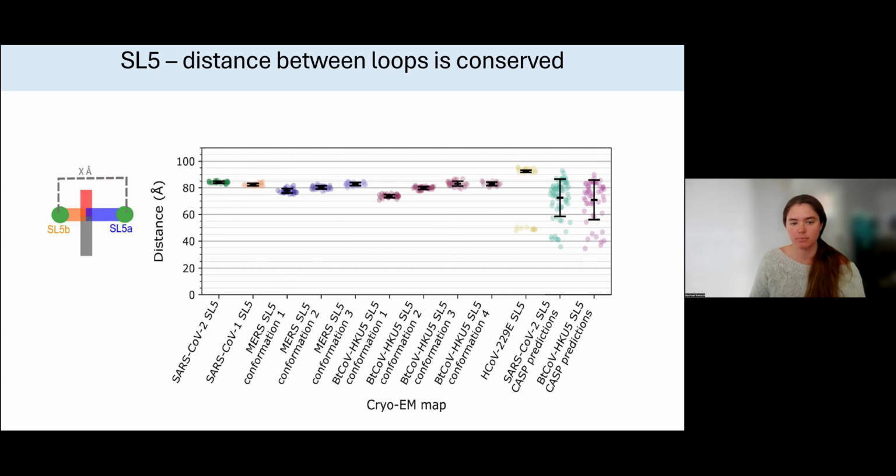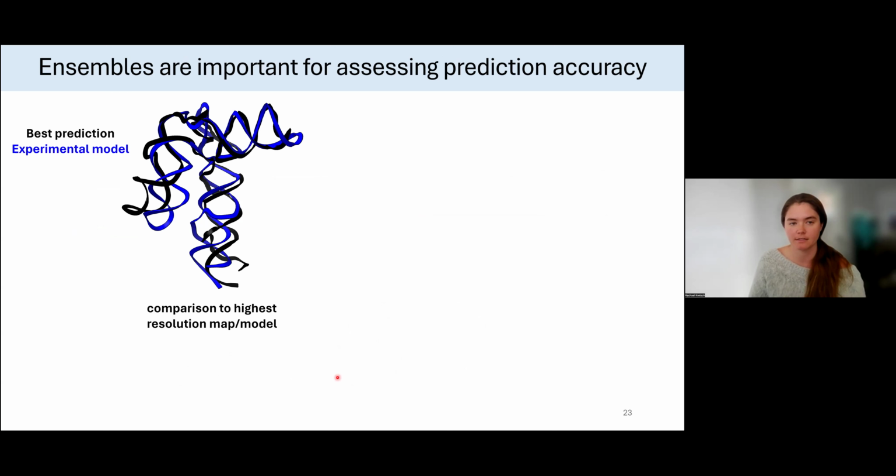And just to hone the point that experimentally describing our ensembles is important for the assessment of structure prediction: if I was to do the traditional thing and only deposit my highest resolution map and model for one of these structures, you can see here the best prediction is in black, and the highest resolution map in this case is in blue.